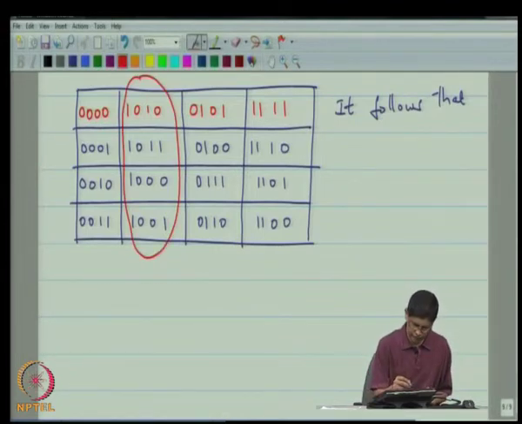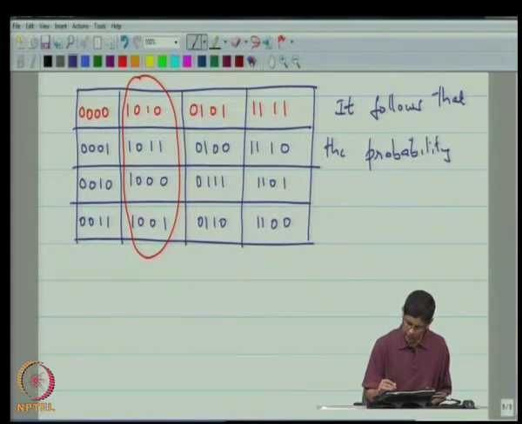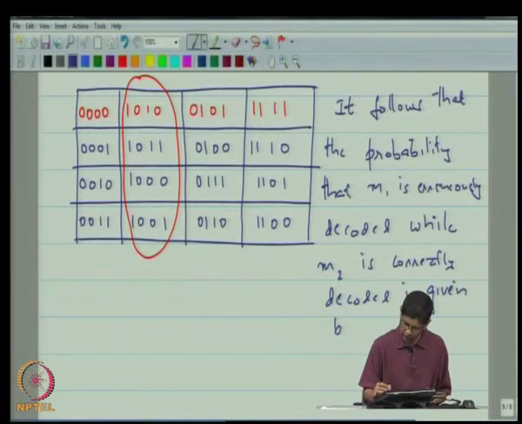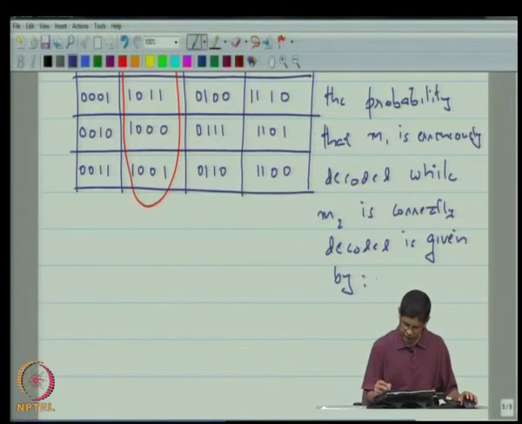It follows that the probability that M1 is erroneously decoded while M2 is correctly decoded is given by, and I am going to write this computation here.